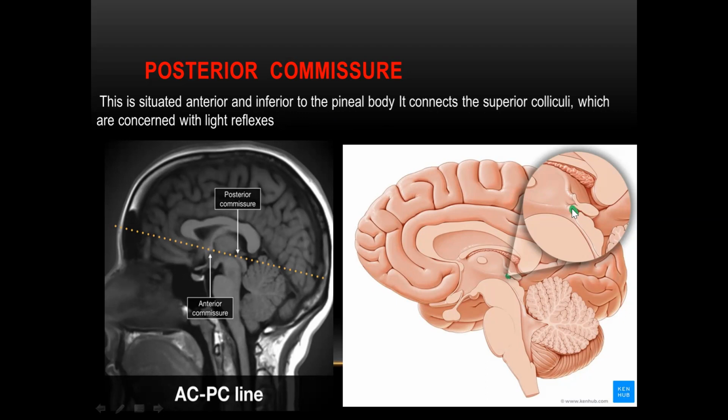The posterior commissure connects the superior colliculi, which are connected with light reflexes. Here is the ACPC line, the anterior commissure, posterior commissure line below the thalamus. Above this line is the posterior commissure, and below this line anteriorly is the anterior commissure.